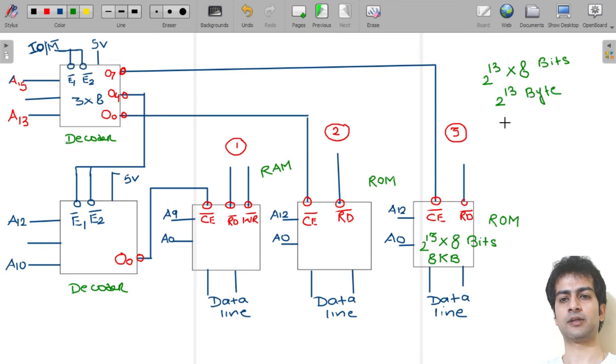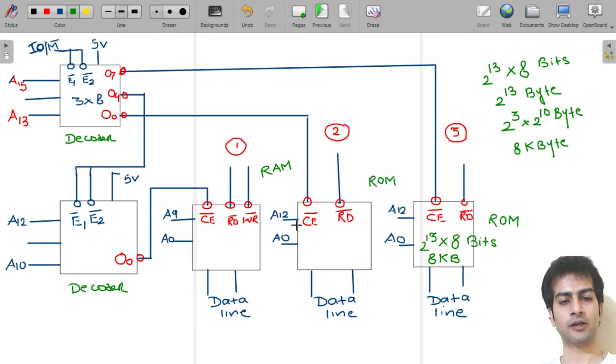Then I can further break it into 2 to the power 3 into 2 to the power 10 bytes. 2 to the power 10 is kilobyte, and 2 to the power 3 is 8, so it comes out to be 8 kilobyte. So I think now it is clear to you.